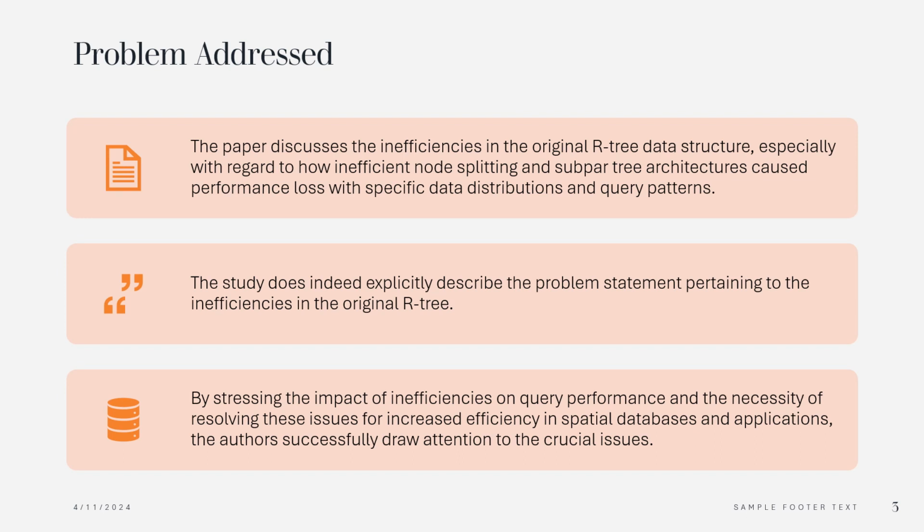By stressing the impact of the inefficiencies on query performance, and the necessity of resolving these issues for increased efficiency in spatial data structures and databases and their applications, the author successfully draws attention to crucial issues. The author mainly discussed the issues that we are facing.